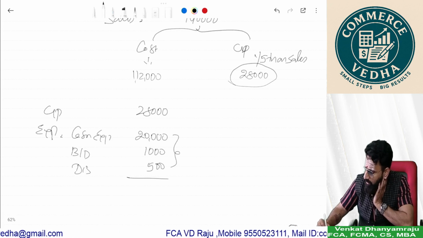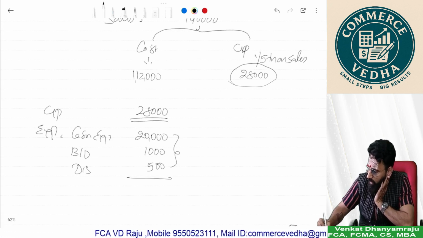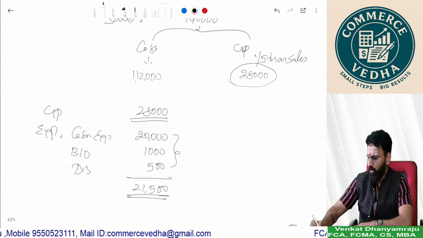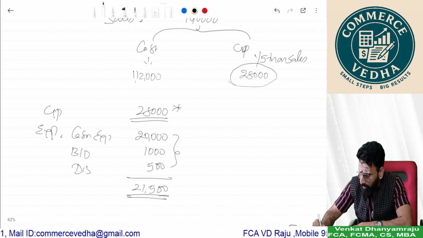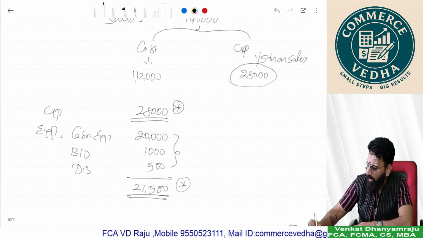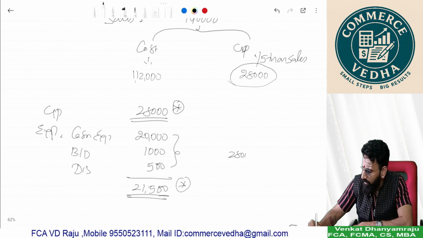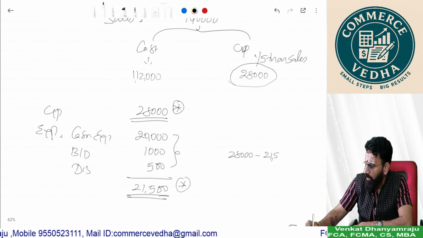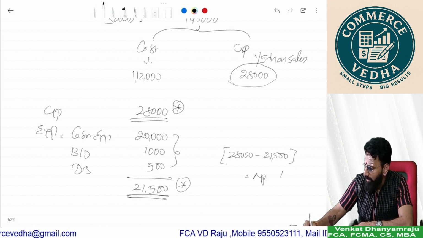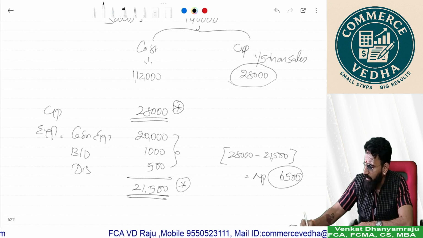Total expenses are 21,500. So you earned a gross profit of 28,000 and your expenses are 21,500. So gross profit minus total expense is your net profit, which is 6,500. Hence proved.